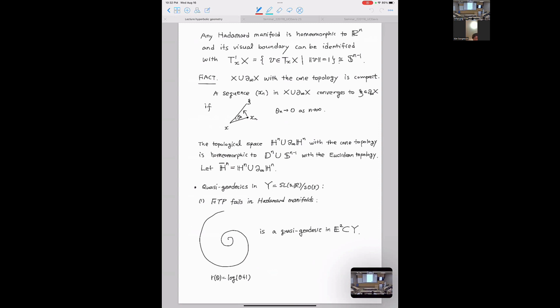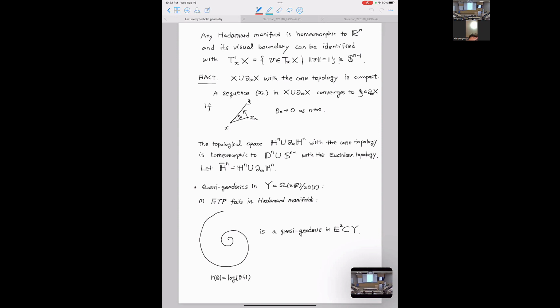But they have a very different geometry from hyperbolic space.